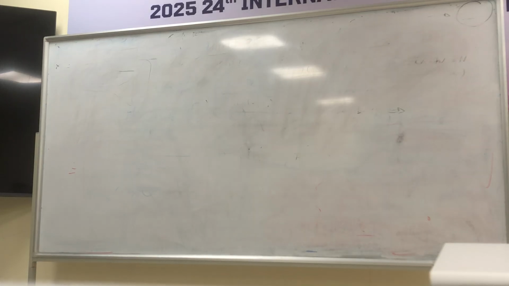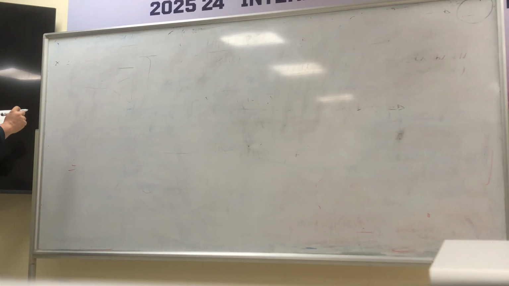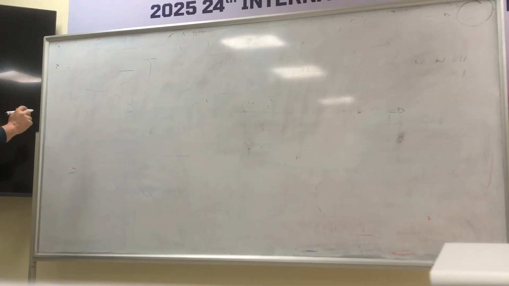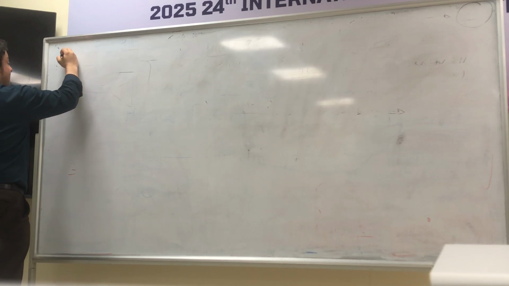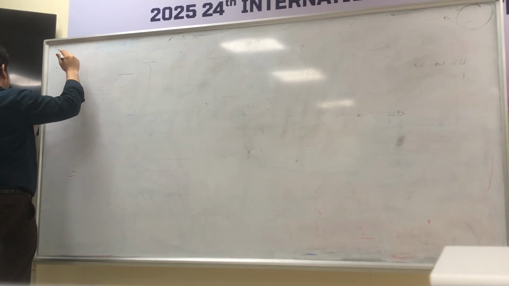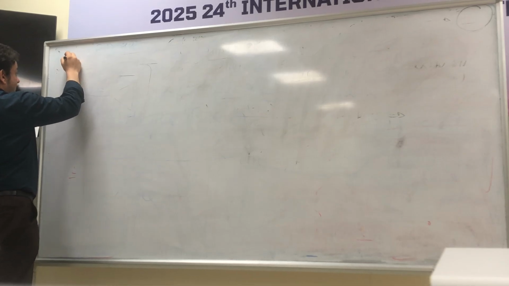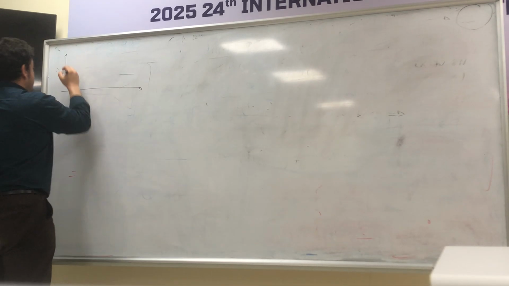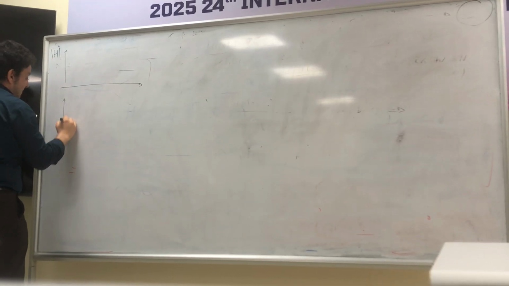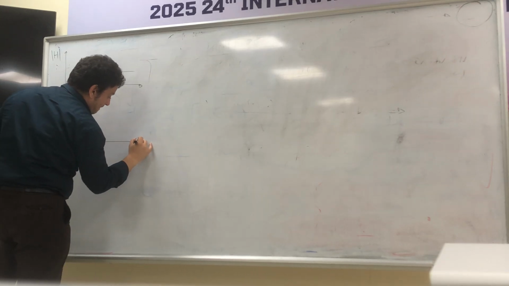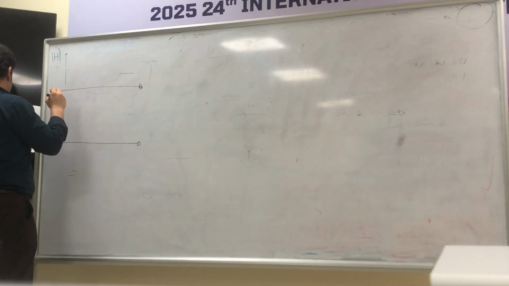So actually, both the rules, what does it mean? Both the rules say that whenever we have a pole, this is the transfer function module, and this is the phase.